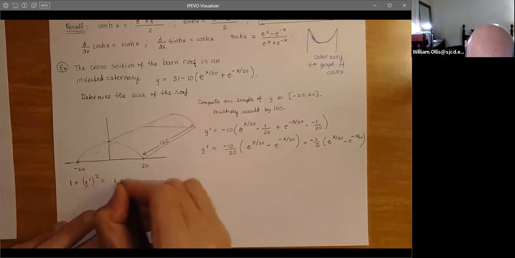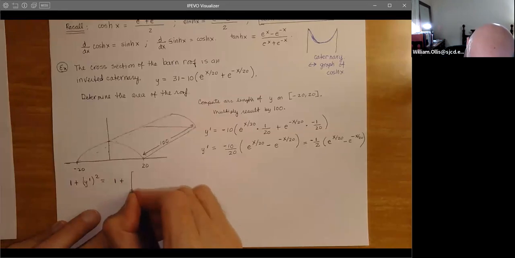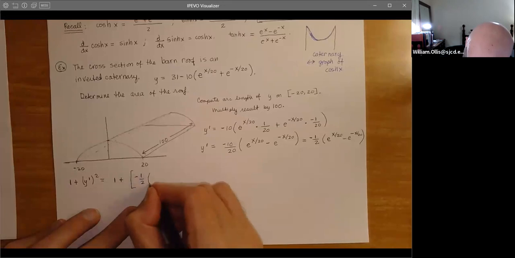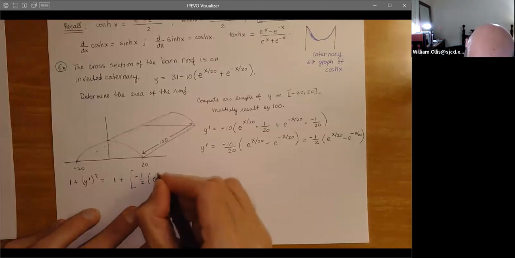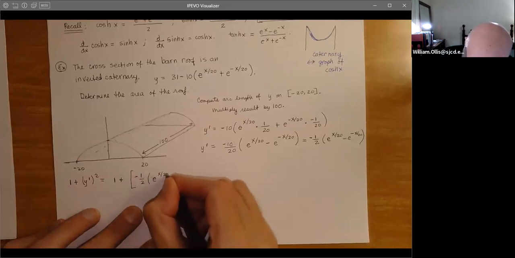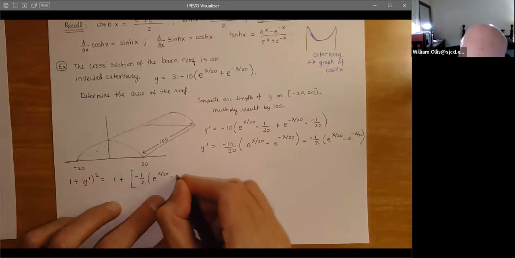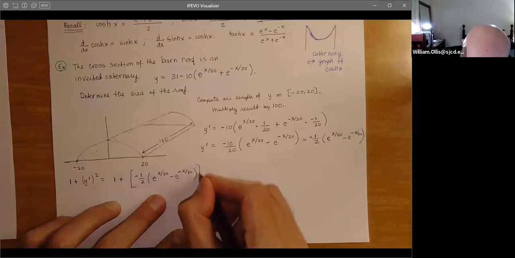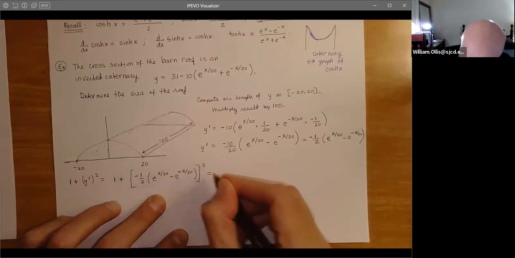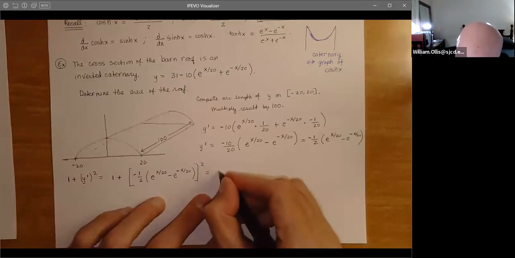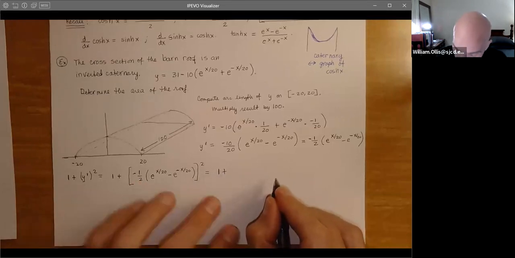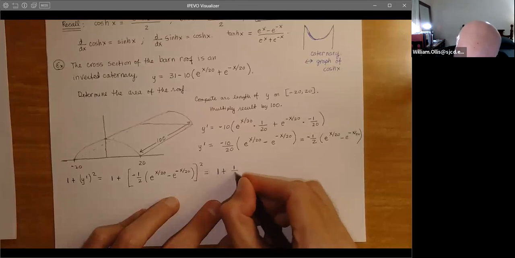So we get 1 plus, let's square it out: negative 1/2 times, we're going to square a binomial again, e to the x over 20 minus e to the negative x over 20, quantity squared. So this gives us 1 plus, of course we square the negative 1/2 to give us 1/4.